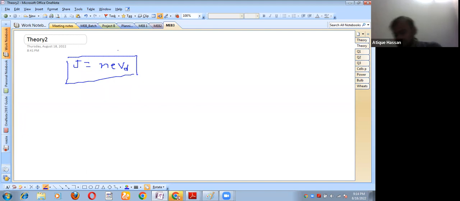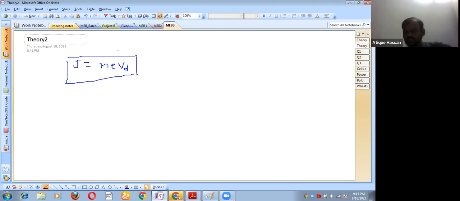So when we apply an electric field across a conductor, the electrons move in the direction opposite to the applied field. The rate of movement, that is distance per second, at which they move opposite to the electric field is known as drift.